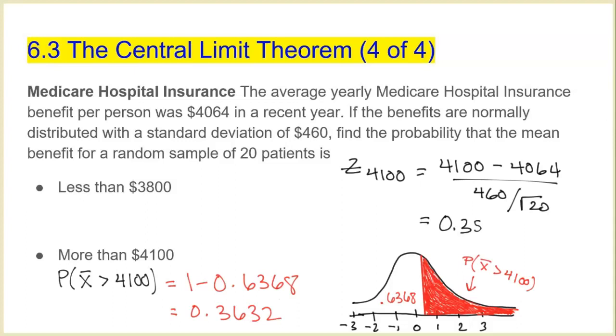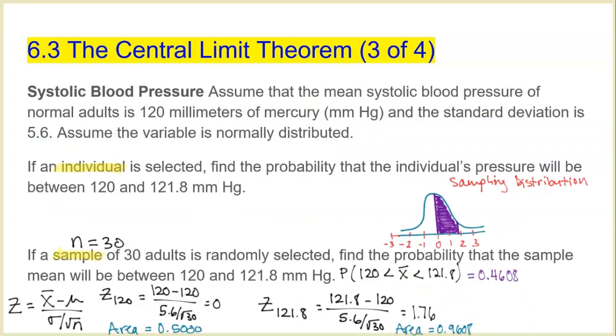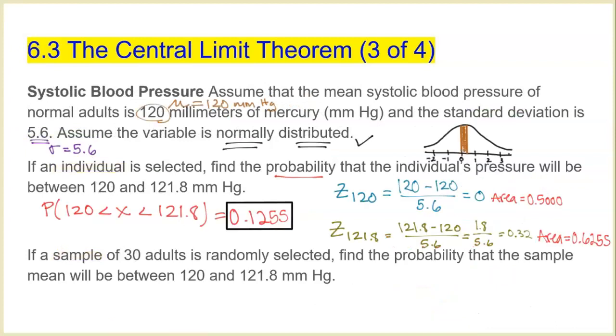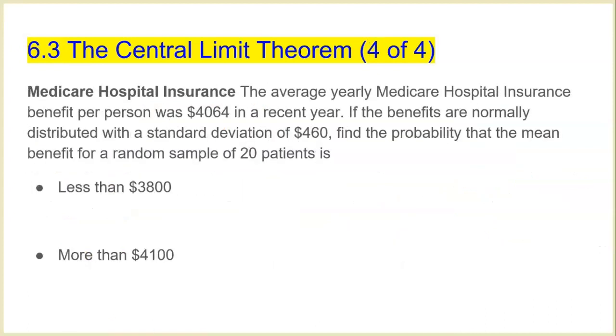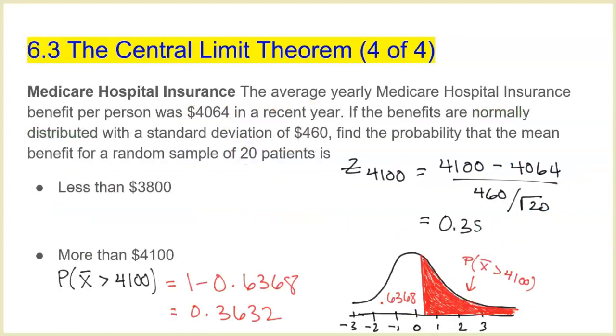There'll be some problems like, if I go back here, the one that I did first, where it wants you to review section 6.2, and then it'll have you do one over a sample and compare those and see what you notice about the two different probabilities. And then there'll be other problems where you are just looking at, like this one, where both parts are for a sample mean.